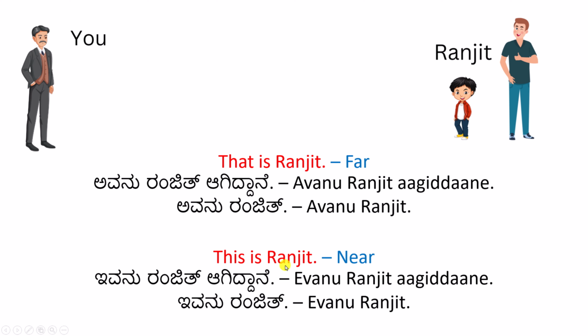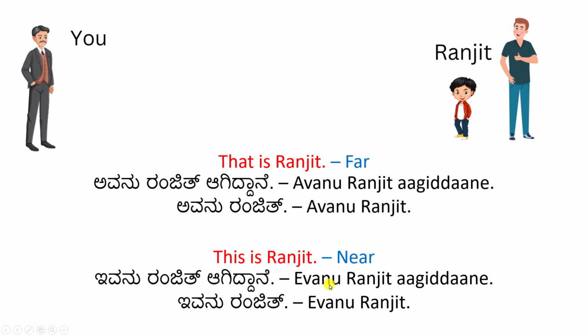This is Ranjit. Ivanu Ranjit ಆಗಿದ್ದಾನೆ. Here Ivanu refers to this because this in this sentence refers to Ranjit, and Ranjit is a person. Alright?